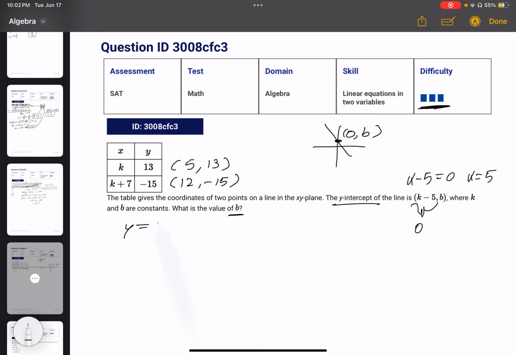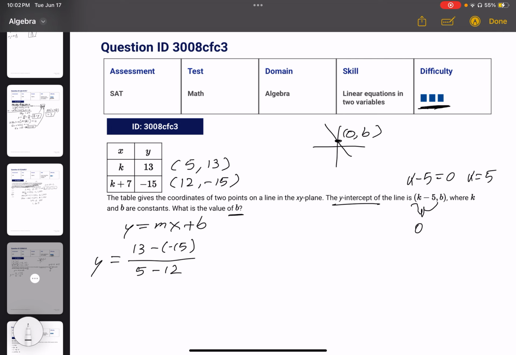Y is equal to m, which is the slope, x plus b. We're going to find the slope first. So we're going to have 13 minus negative 15 over 5 minus 12.